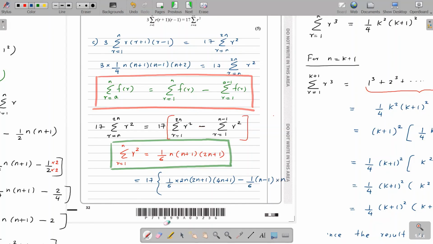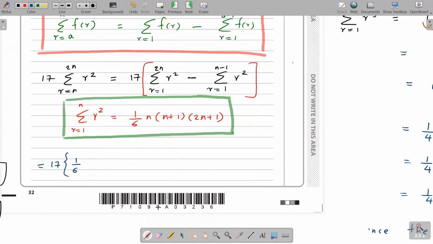Wait, let me write it properly over here. 17 times 1 over 6 into 2n plus 1, 4n plus 1 minus, okay, I wrote the first part again.